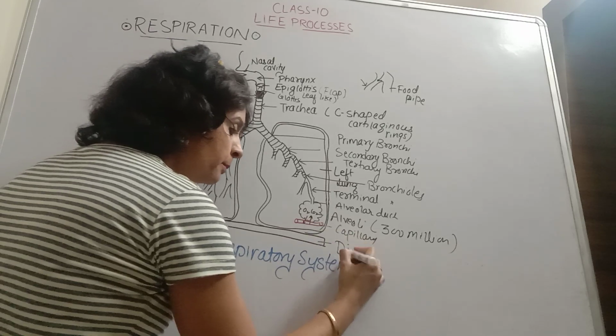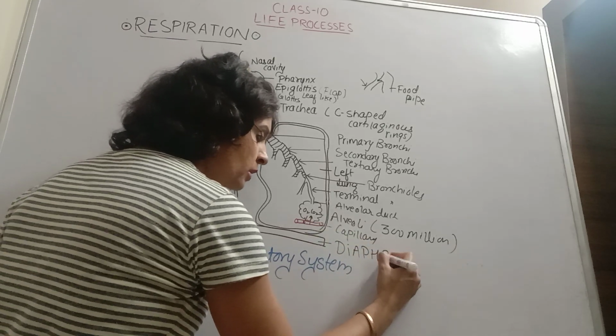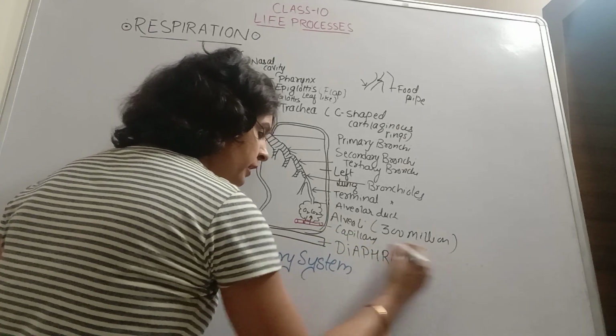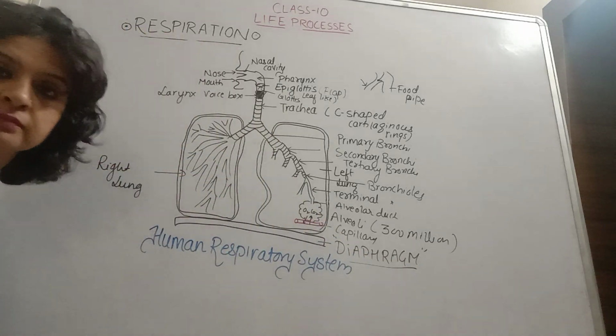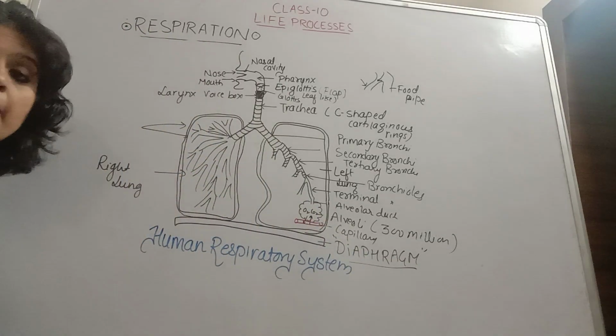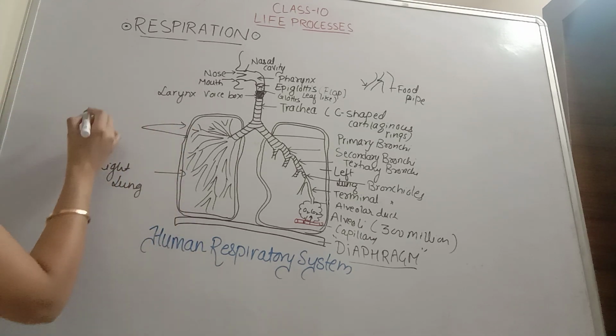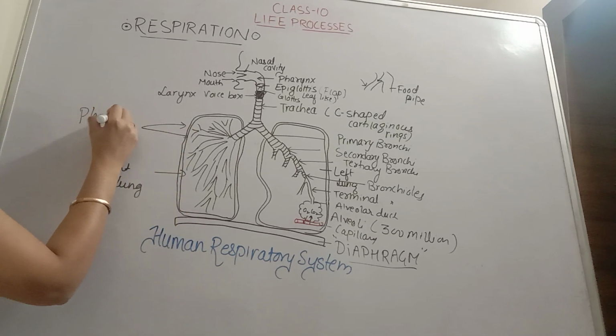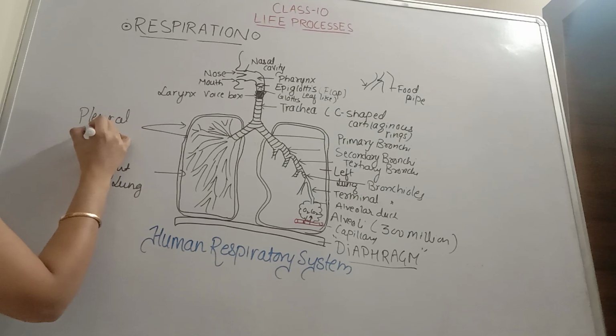Now the main important role played in this is of the diaphragm. The lungs are actually protected by two coverings, and these are known as pleural membranes.